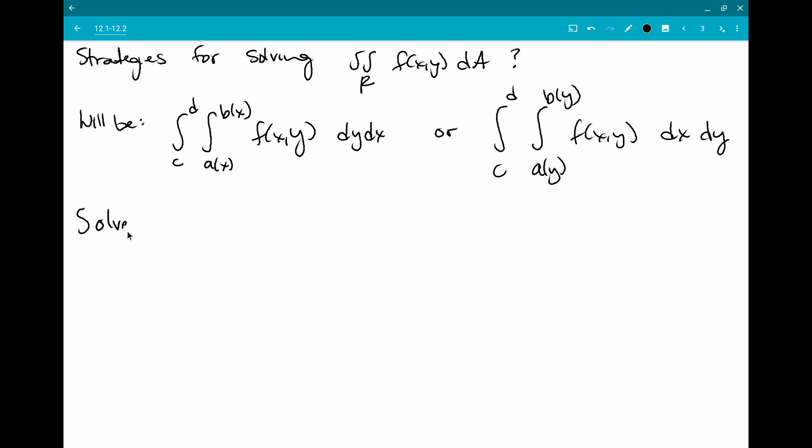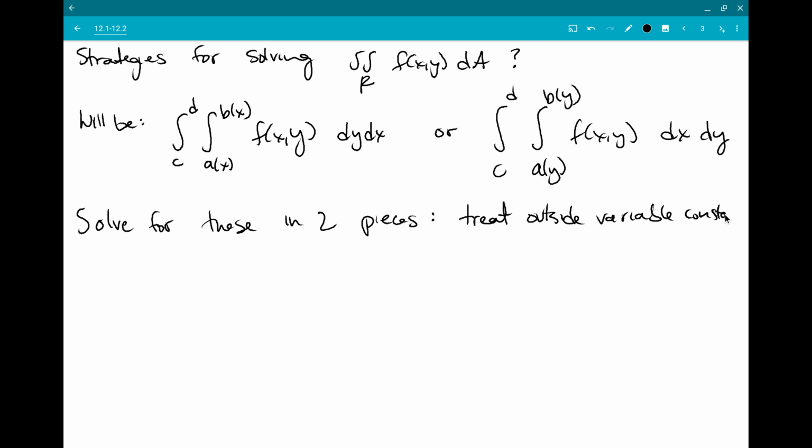And so we're always going to solve for these in two pieces. We'll treat the outside variable as constant.